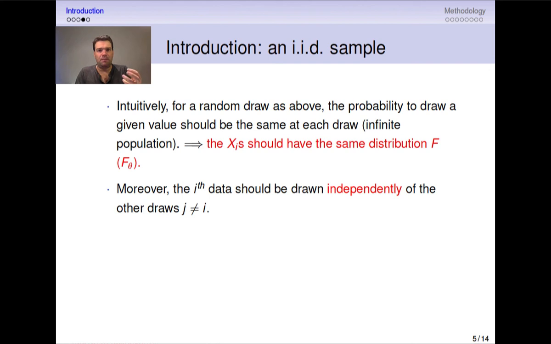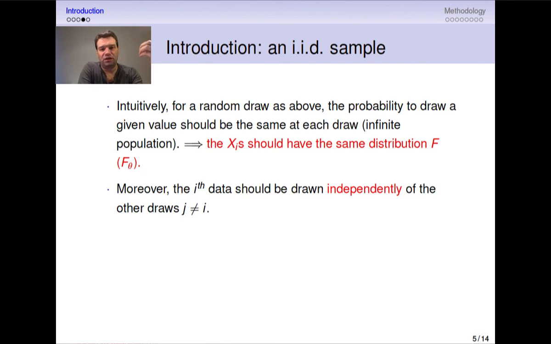It picks up individuals at random, independently of each other. If you picked up an individual with that characteristic at draw i, there is no reason that you pick up at draw i plus 1 an individual with the same characteristic.